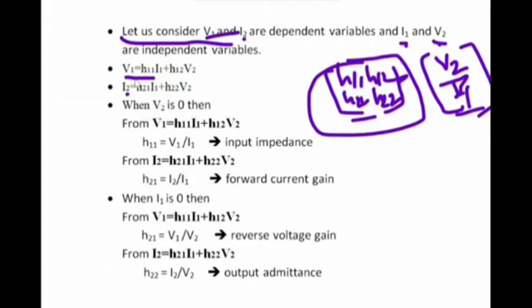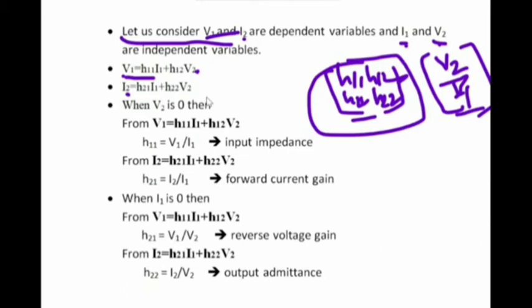To calculate these two values, V1 and I2, we have to make V2 as 0, which means the output is short circuited.